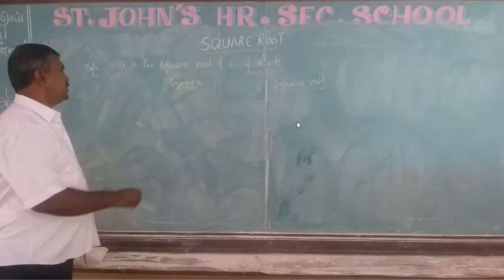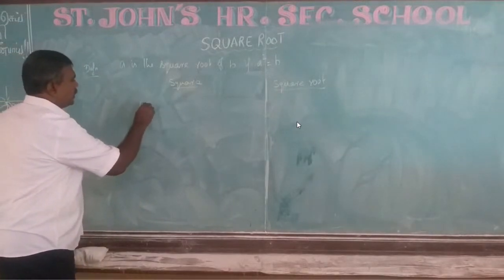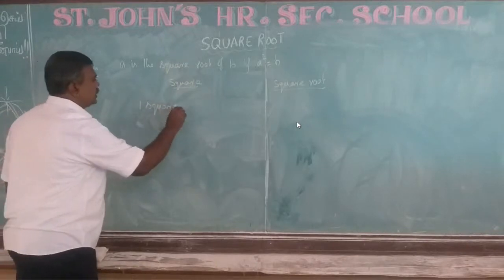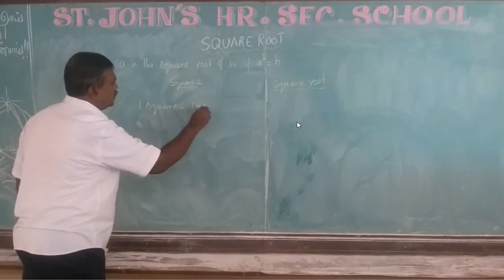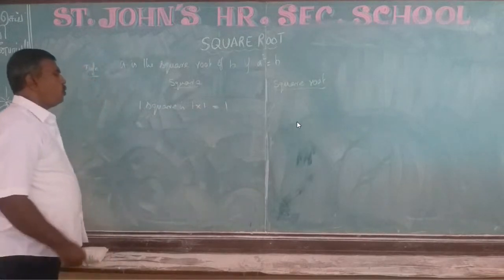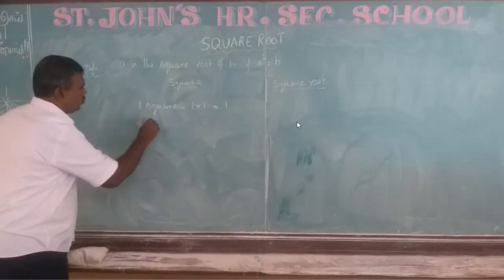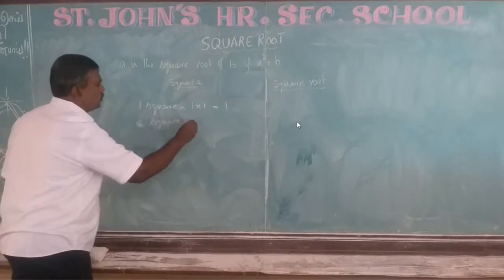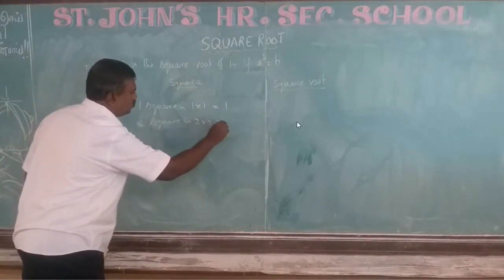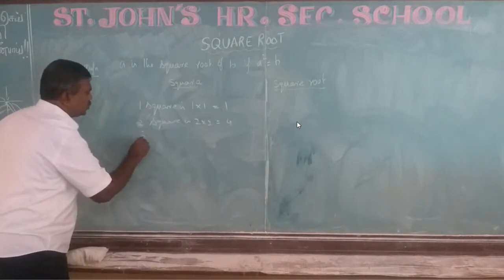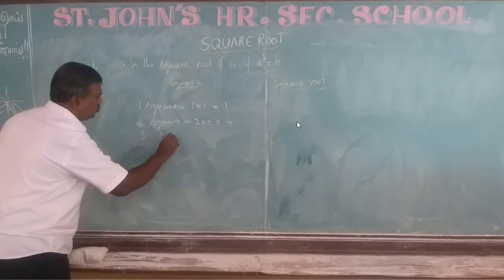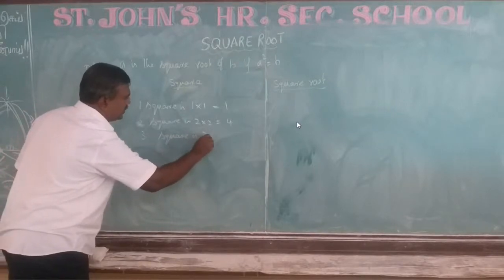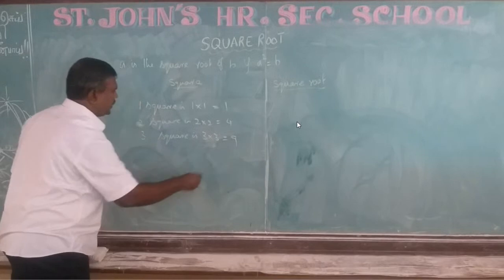So square means one square. One square is 1 into 1 equal to 1. 2 square is 2 into 2, 4. 3 square is 3 into 3 equal to 9.